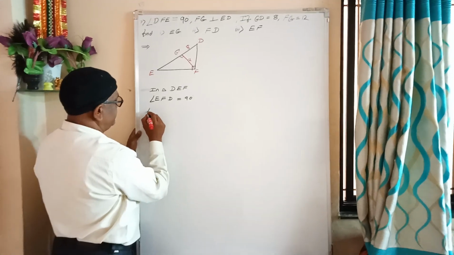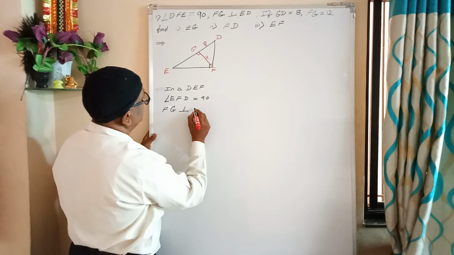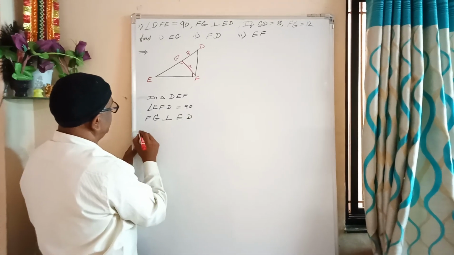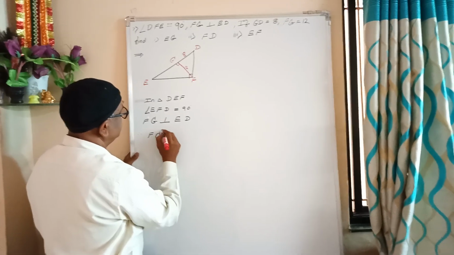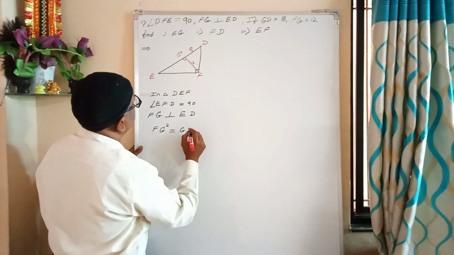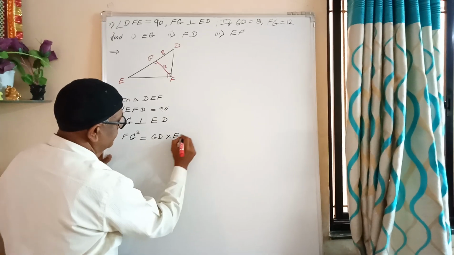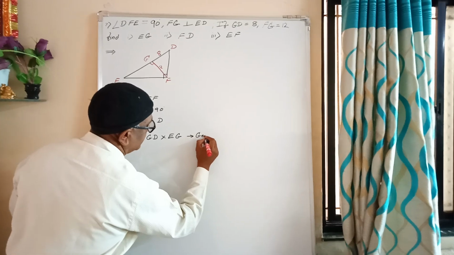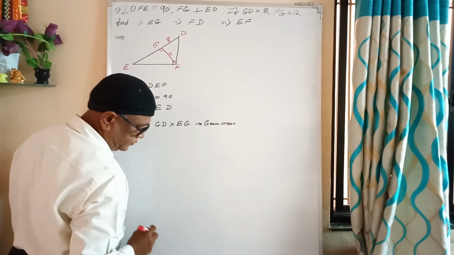Then FG is perpendicular to ED. Therefore FG square is equal to GD into EG, by the geometric mean.